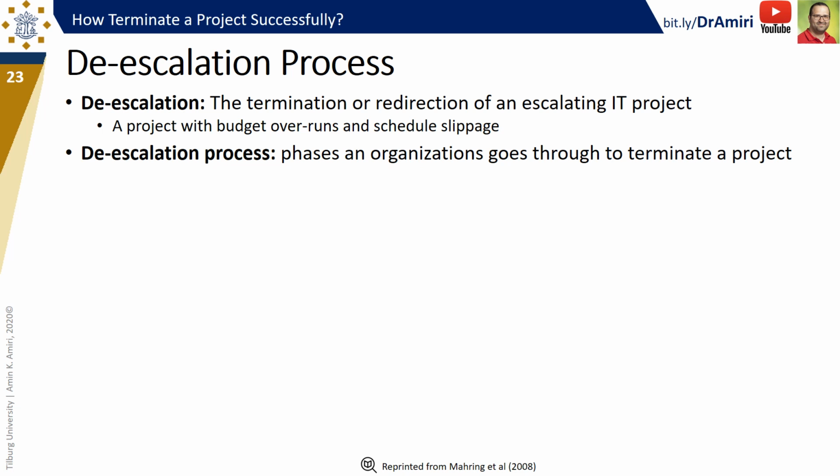We want to know what events take place during the escalation process. That's the goal. We want to know all the phases that need to be passed so that a project can be de-escalated.